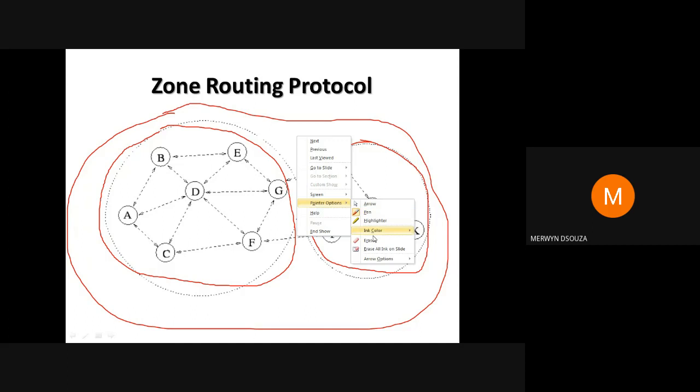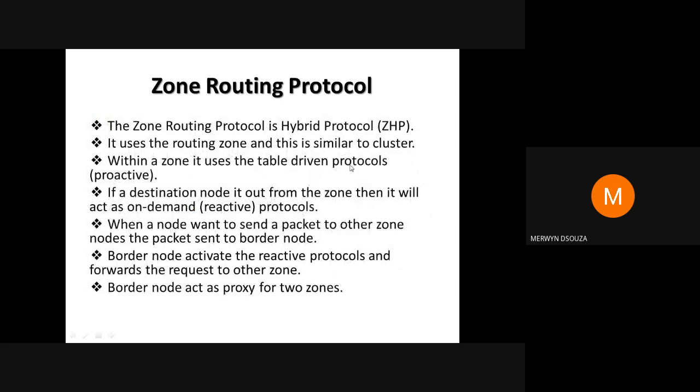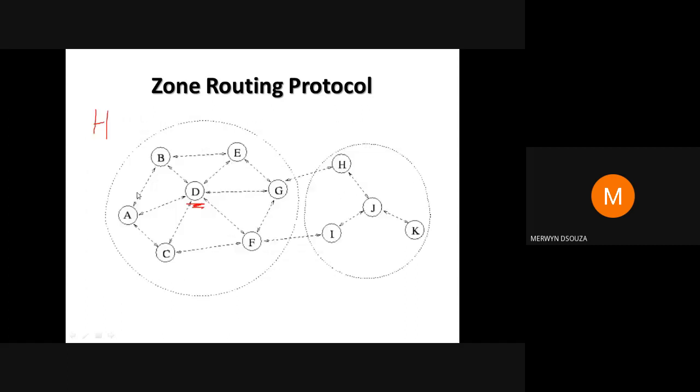So this is basically how zones are created based on the number of hops. You select one particular node, and all the nodes that are reachable from that node at the distance of the hops that you mention will form one zone. Within this zone we are going to use table driven protocols, that is proactive. So suppose I call this zone 1 and this zone 2.